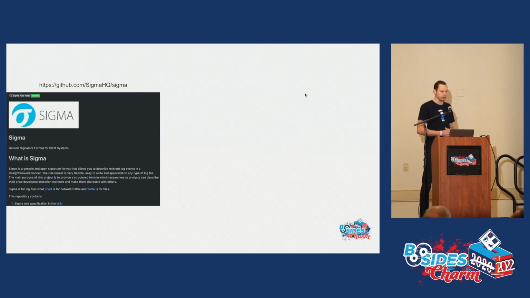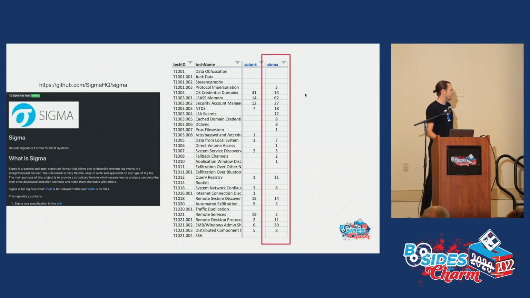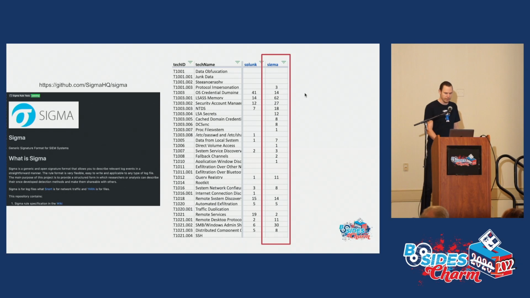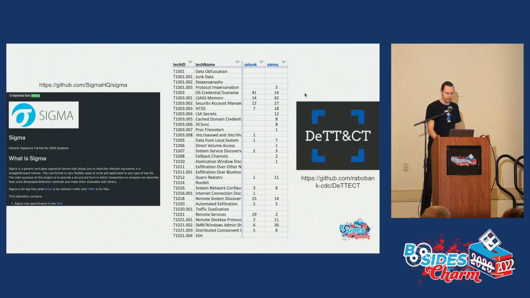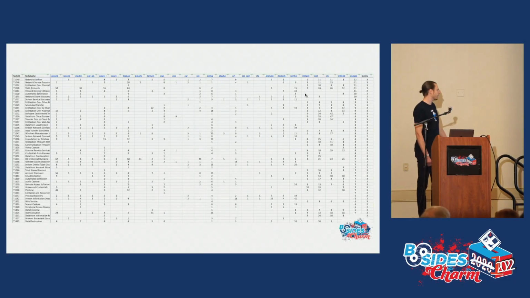And so my client was also using this on top of those baseline detections provided by Splunk. So what we've done now is taking that original spreadsheet that I had, add in another column here with the roll-up of all the detections that are provided by the Sigma standard, also lined up with the MITRE ATT&CK techniques.